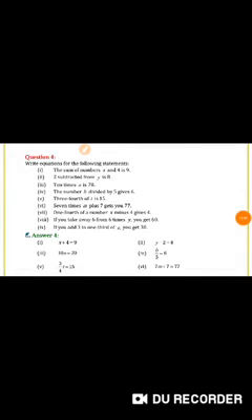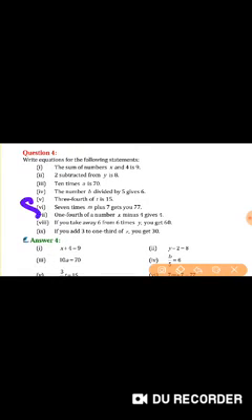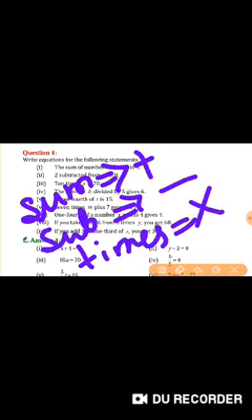And this is the fourth question. You have studied algebraic expressions. Write the equations for the following statements. Here some statements are given. We have to convert these into the form of equations. Before explaining these questions, these are just keywords. Sum means plus. Subtract means minus, and sometimes the word times comes, which means multiplication.